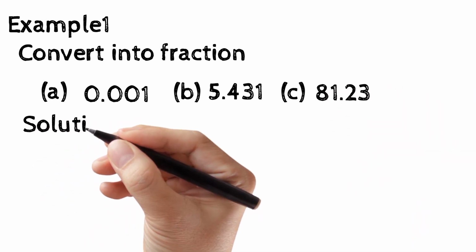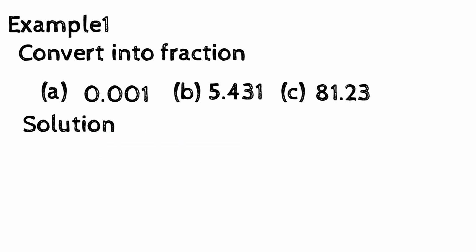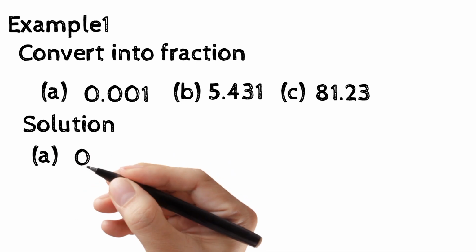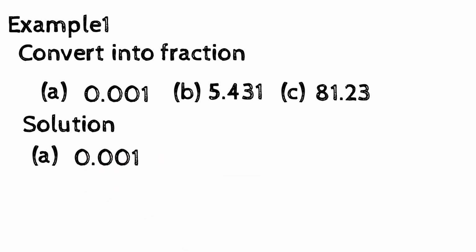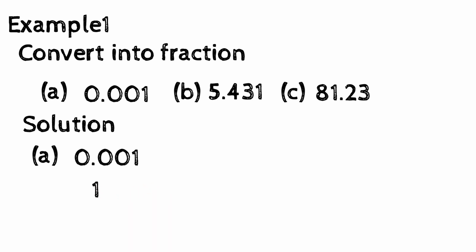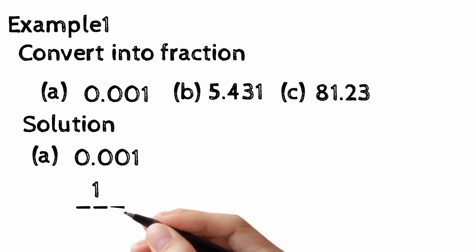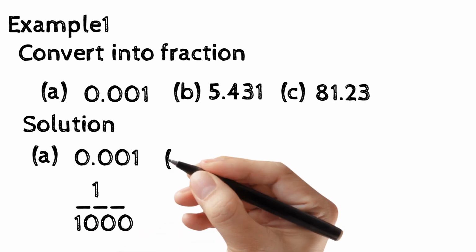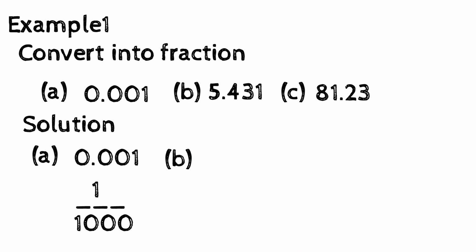Now starting with A, solution: write 0.001. So we write it as 1 over 1000, because we have three decimal places.